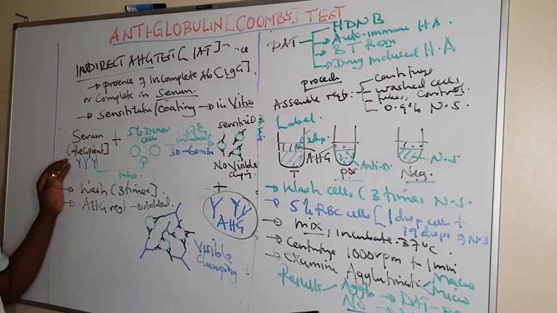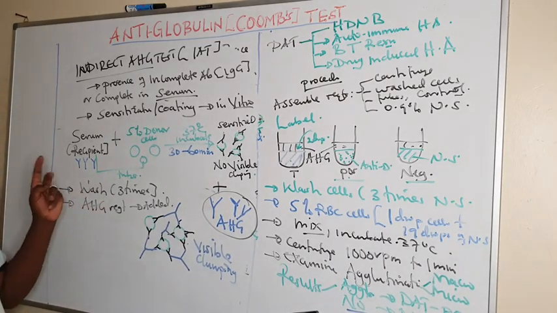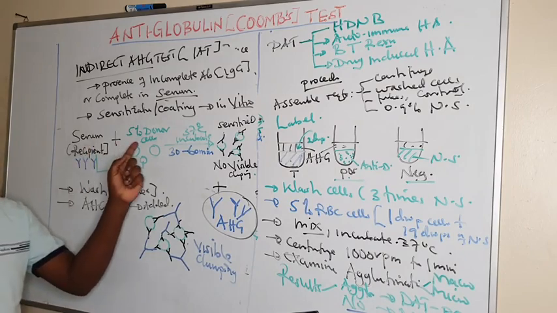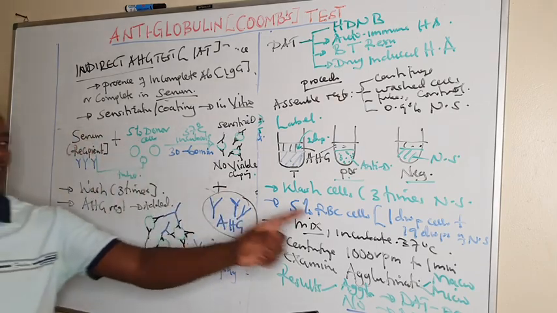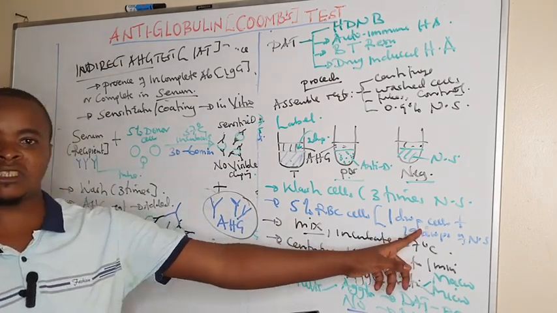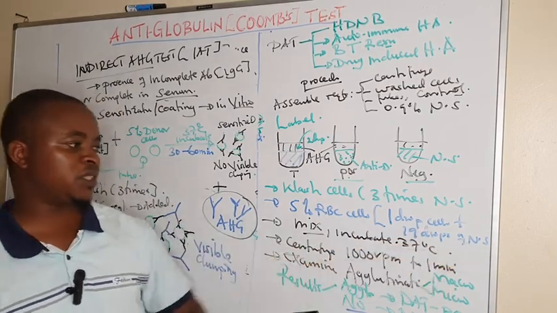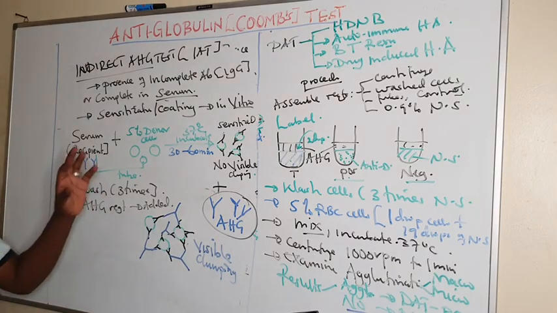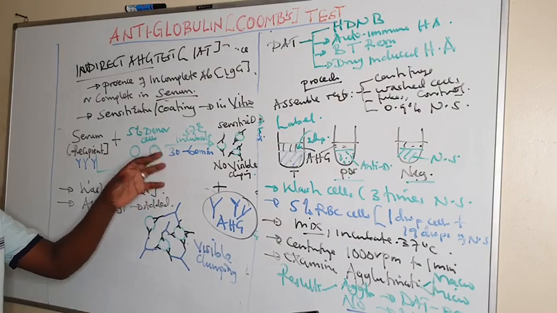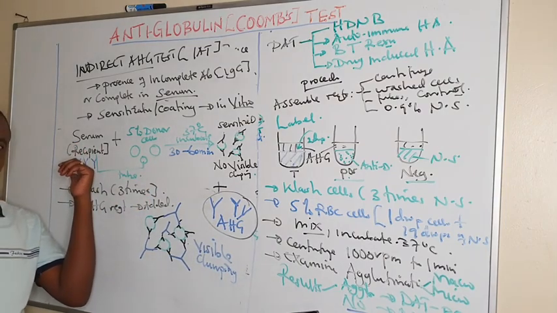In the procedure, you prepare 5% by getting 1 drop of washed red cells and mixing it with 19 drops of 0.9 normal saline. After forming these donor cells, you add them to the serum from the recipient.